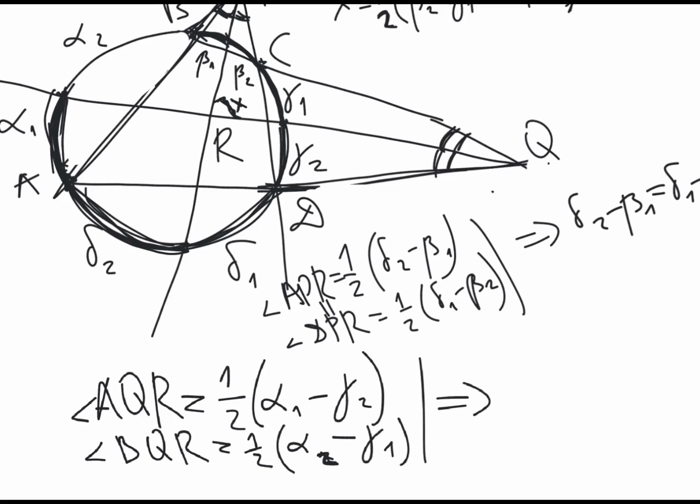And from this, because these two angles are equal to each other, we conclude that alpha 1 minus gamma 2 is equal to alpha 2 minus gamma 1.